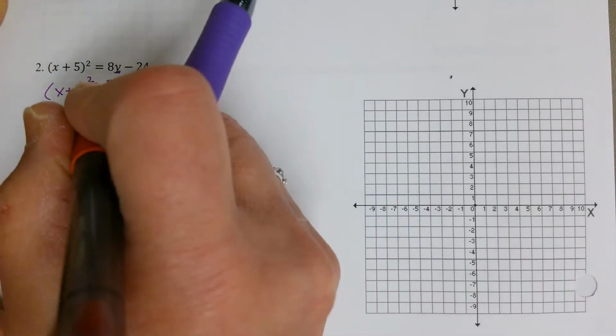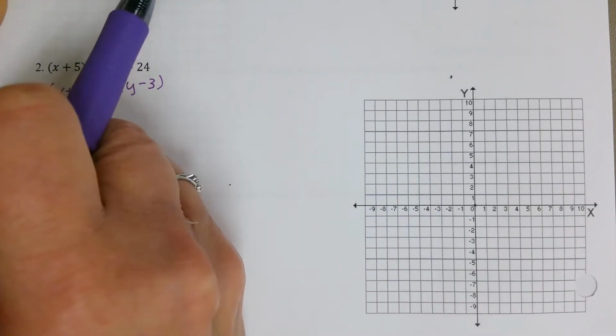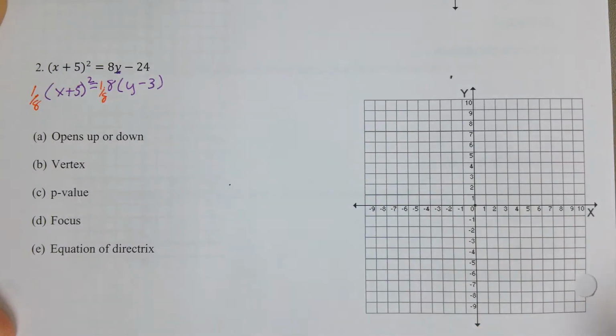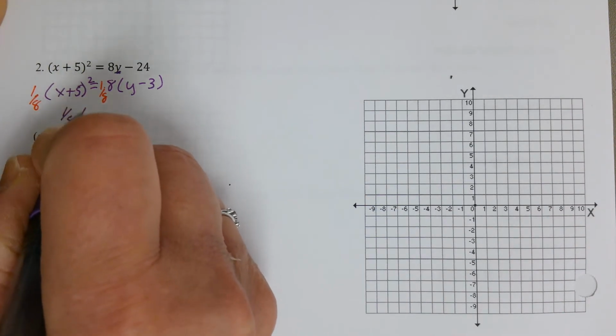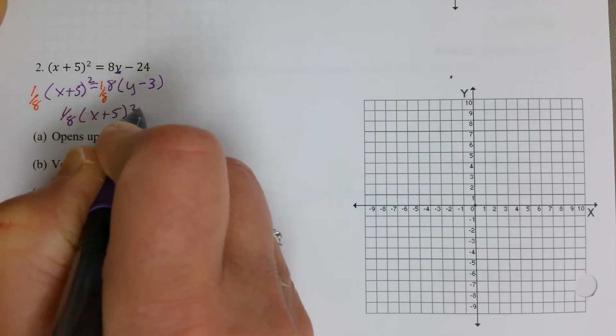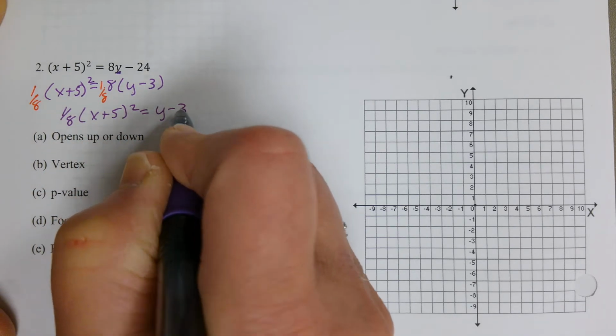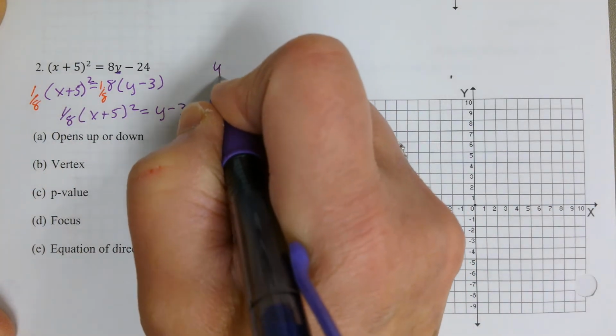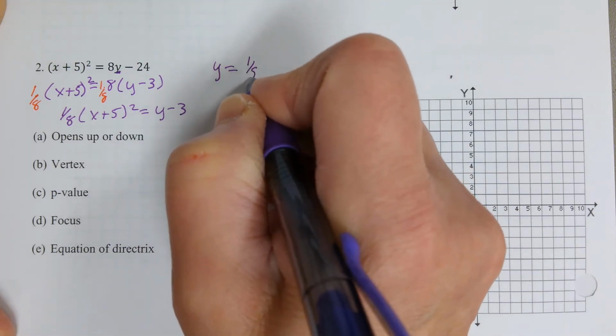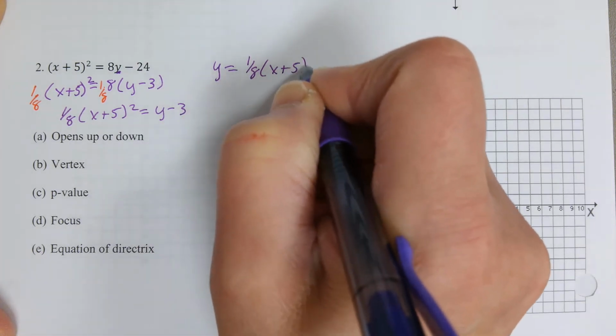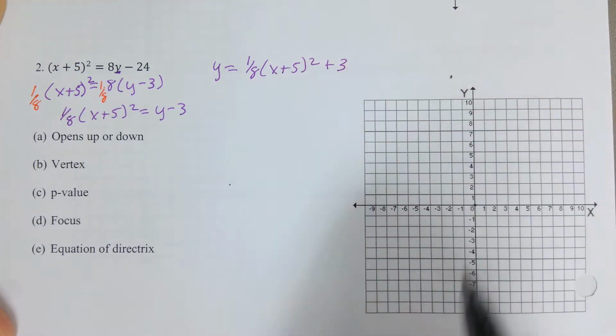Now multiply by 1/8. X plus 5 squared equals y minus 3, and then add 3. We'll have y equals 1/8 x plus 5 squared plus 3.